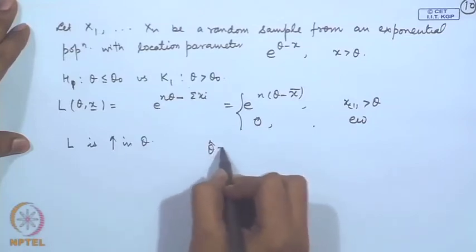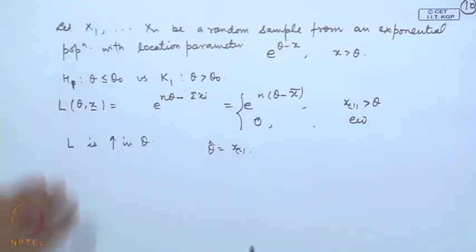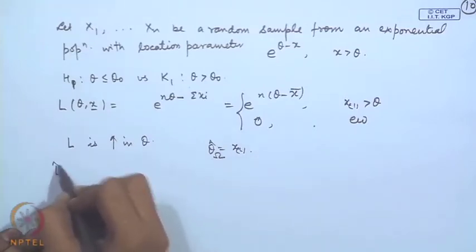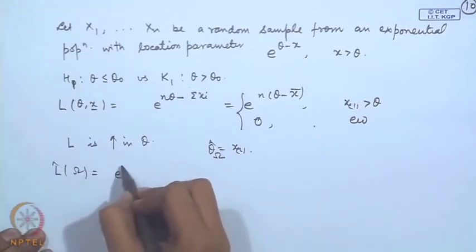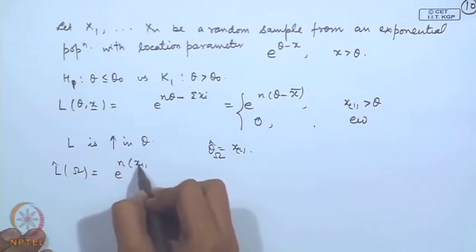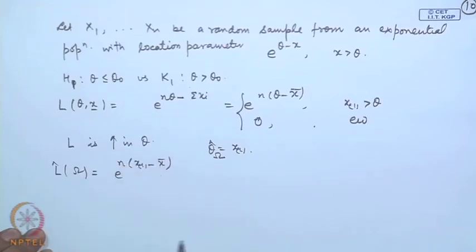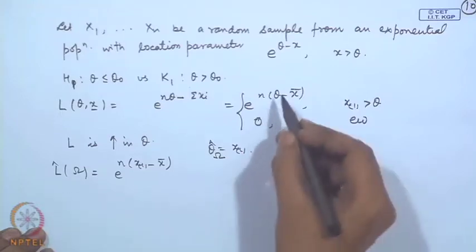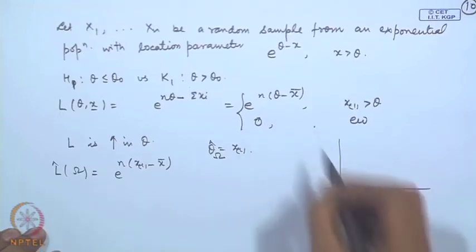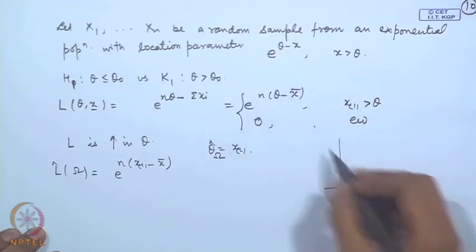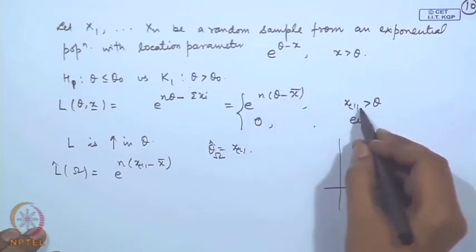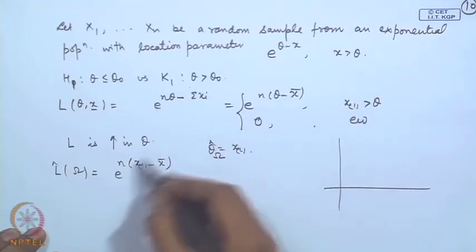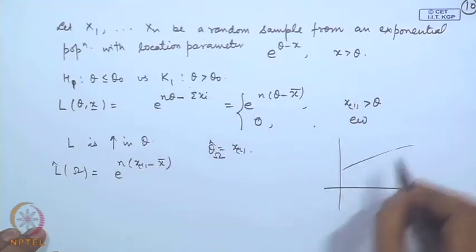So, theta hat is equal to x 1, this is over omega. So, L hat omega is nothing but e to the power n x 1 minus x bar. Let us consider omega h. For omega h, now this is an increasing function. In fact, you can see at theta equal to x 1, it will be this value, but it is going like that.